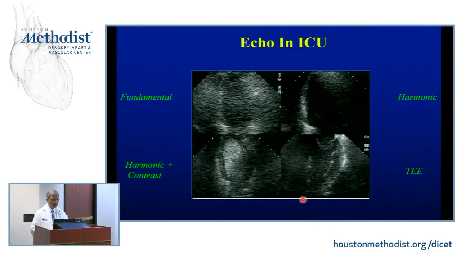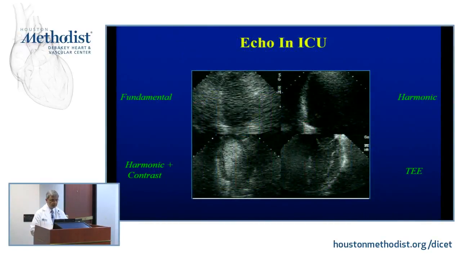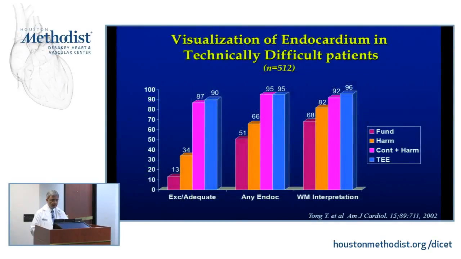This is from our original data, by Dr. Yongki Kong, published in the American Journal of Cardiology, and it tells you that in patients in the ICU who needed a transesophageal to define ventricular function, contrast gave you pretty much good visualization with similar diagnostic accuracy to transesophageal echocardiography.